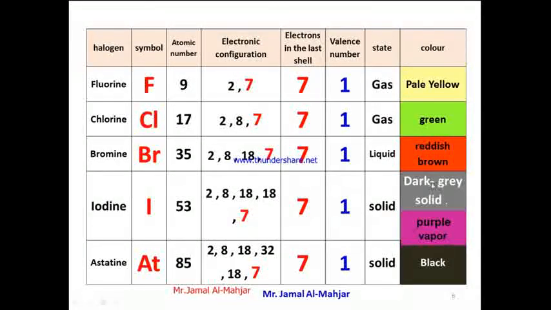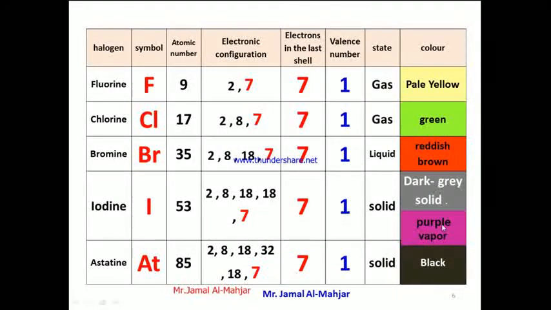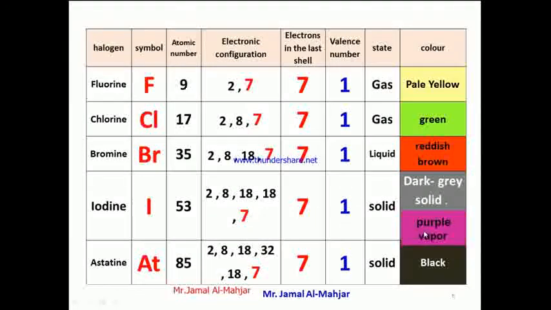So if you find dark gray, or if you find purple, it is iodine, purple in the gas state, and gray or dark gray in the solid state. About the astatine, it is black. So what happens for the color from top to bottom? Yes, it gets darker.